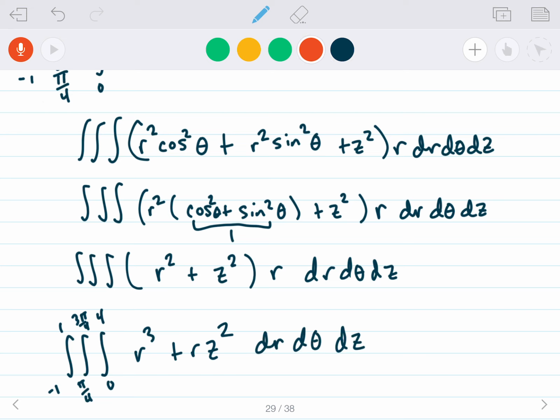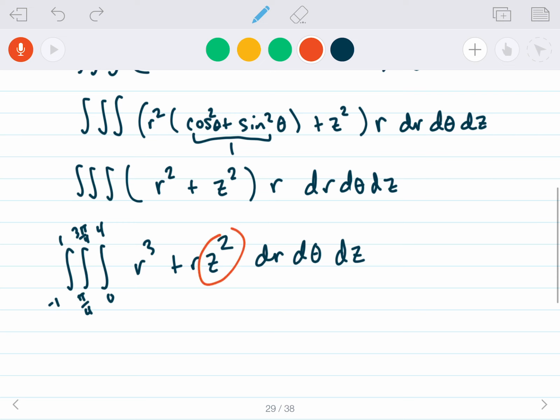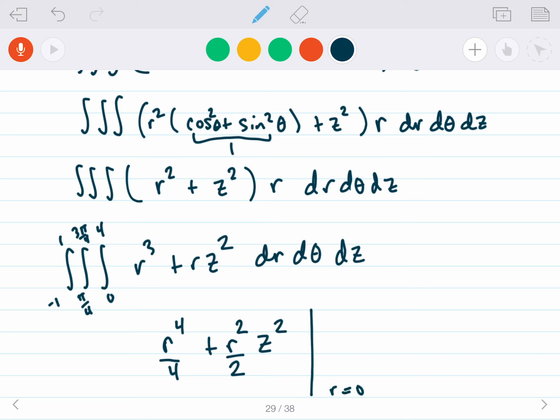So I'm integrating with respect to r first. So we're treating z like it's a constant here. And so let me do that integration. When I do that, I get r to the 4 over 4 plus r squared over 2, and that z squared is just being tacked on. And we're going from r equals 0 to r equals 4, right?